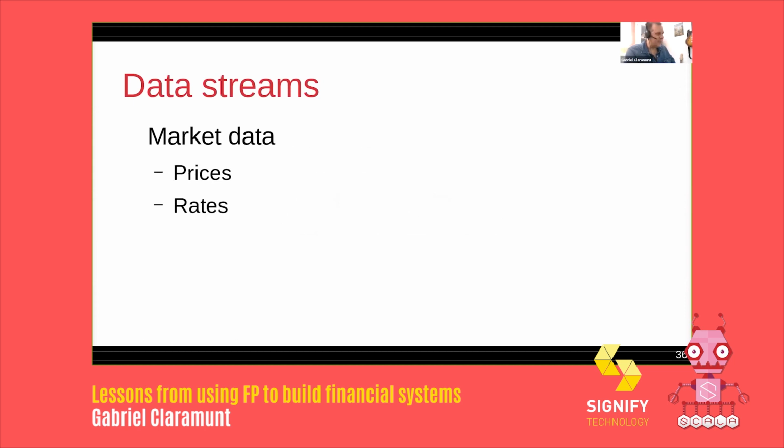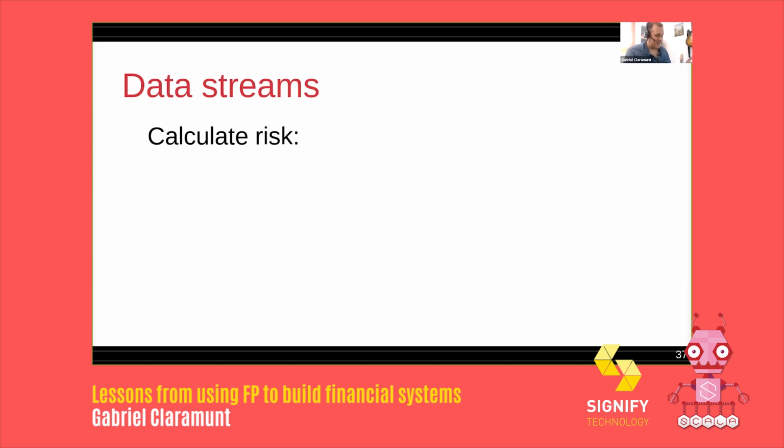For example, you have a constant stream of market data, with updates on prices and rates based on the status of the system and the amount of money you have. With that you want to calculate risk. I thought that financial systems deal with money, but actually they deal with risk calculations most of the time.